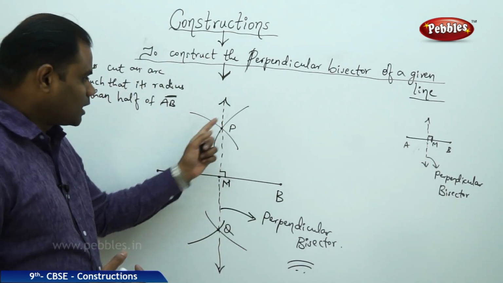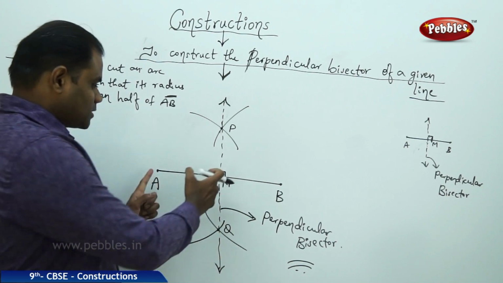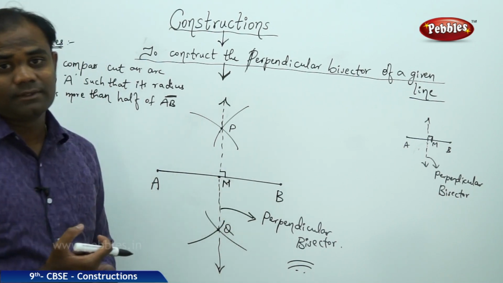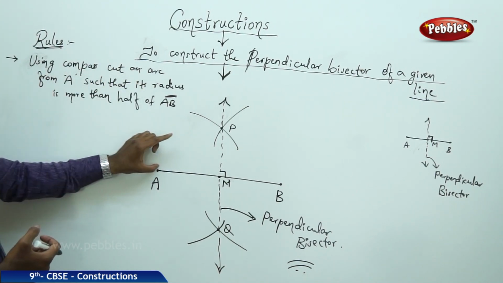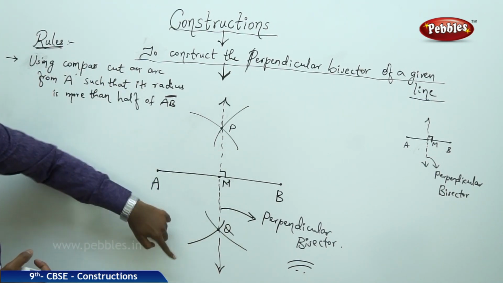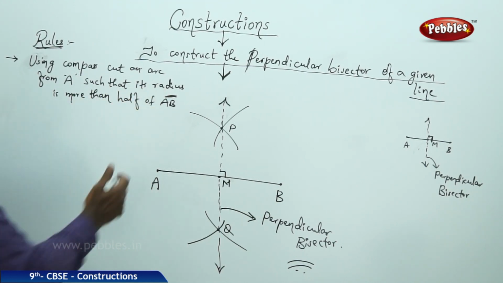In order for the two arcs to cut, the rule is that the arcs must be fixed with a radius more than half. So here, using the compass, cut an arc from point A as we get here, such that its radius is more than half of AB.